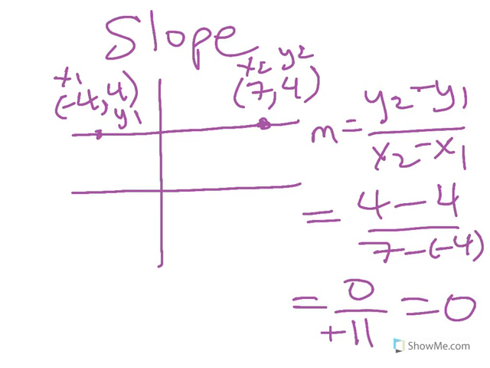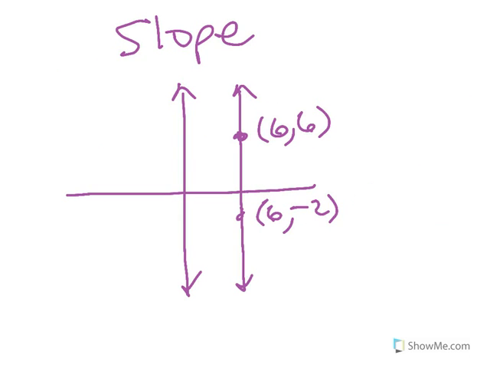Now let's take a quick look at a vertical line and see what's going on there. This one's tougher to deal with because there is no left to right for a vertical line. It doesn't change from right to left at all. So I'll just pick one. Let's say that I'll make 6, negative 2 my first point. So x1 is 6 and y1 is negative 2. x2 then is 6 and y2 is 6.